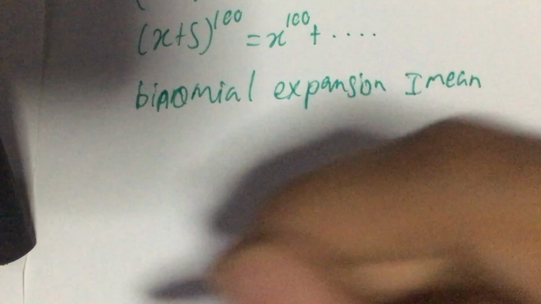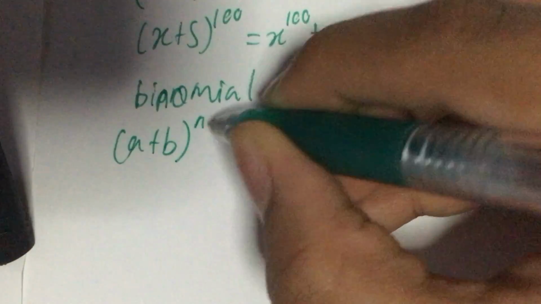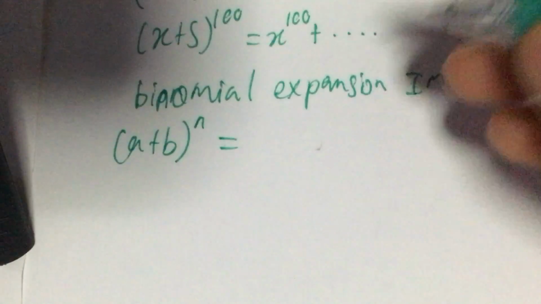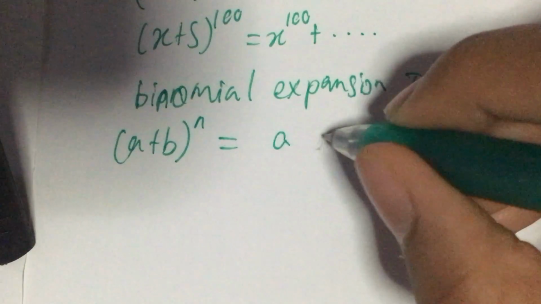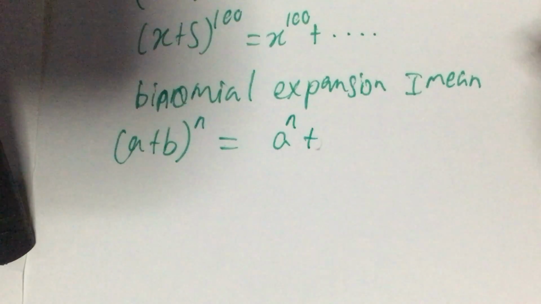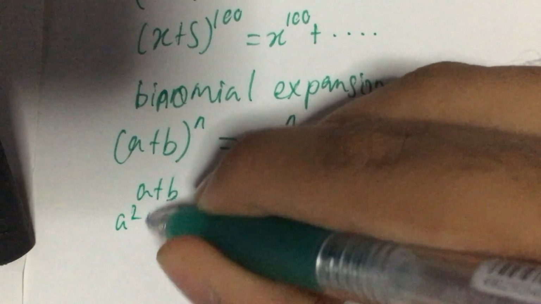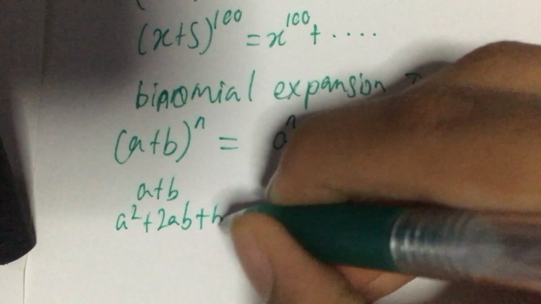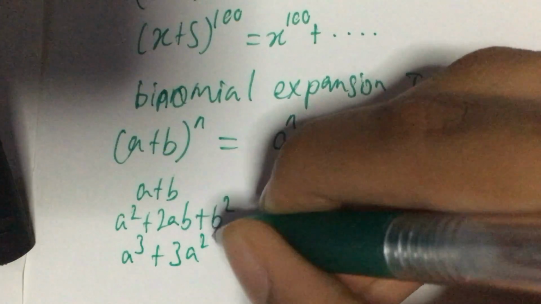The first thing you should do is to realize that when you're doing lower powers, if it's to the power of 1, of course it's just a plus b. If it's to the power of 2, it would be a squared plus 2ab plus b squared, and then to the power of 3 you will get a cubed plus 3a squared b plus 3ab squared plus b cubed.